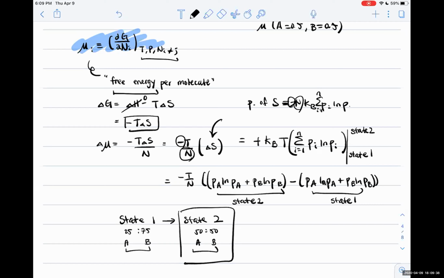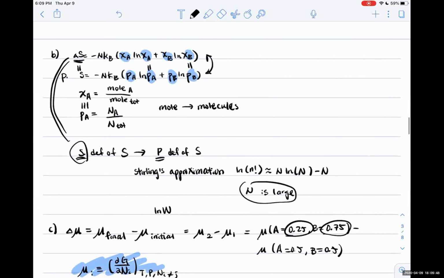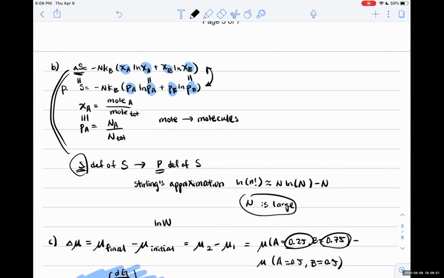No. I guess my question is, when we're putting in the values, I just want to double check. For PA, it's the mole fraction of A times Avogadro's number, right? Can you repeat the last part? So we're given a mole fraction, XA, which is like 0.25. When we're putting it into the equation, do we have to make sure to multiply that by Avogadro's number? In the end, it's going to be the equivalent because XA is mole A over mole total, right?